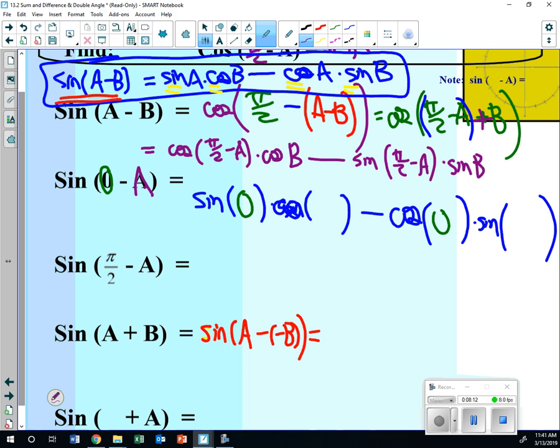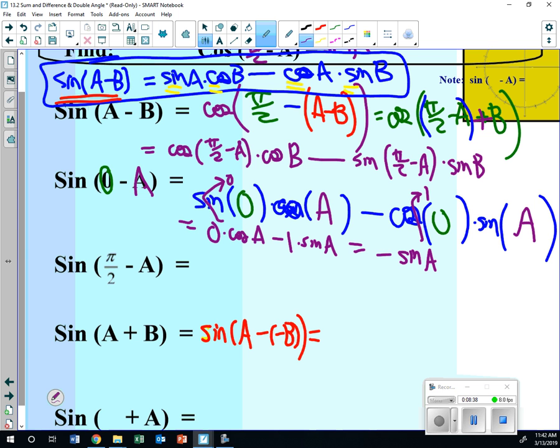Now the minus is taken care of here in the formula, so don't worry about that. So when I put that a in, now you can see that sine of 0 is 0, and the cosine of 0 is 1. So you're going to get 0 times cosine a minus 1 times sine a. That's just going to be the minus sine of a. That's it. We got that. Minus sine of a. Great.